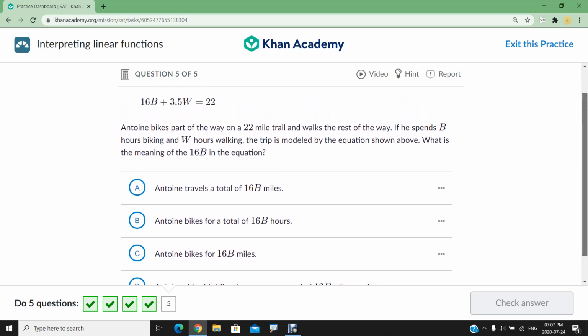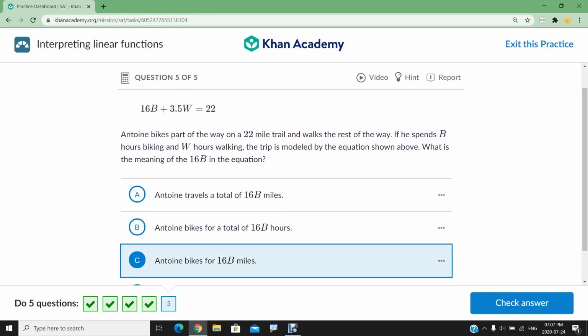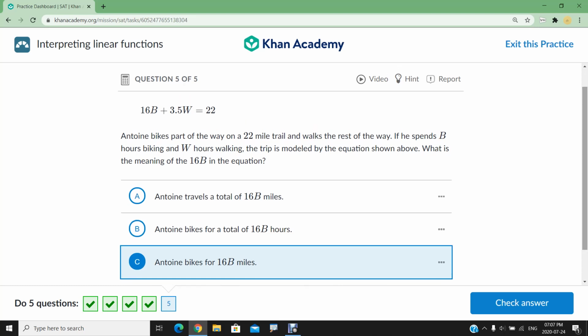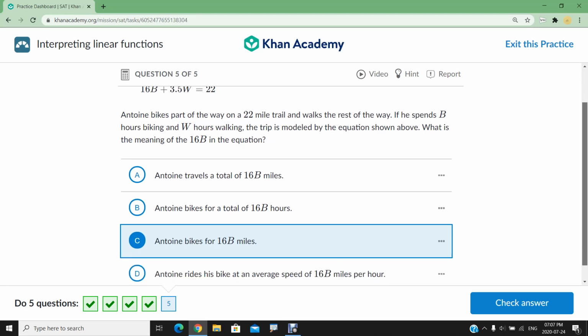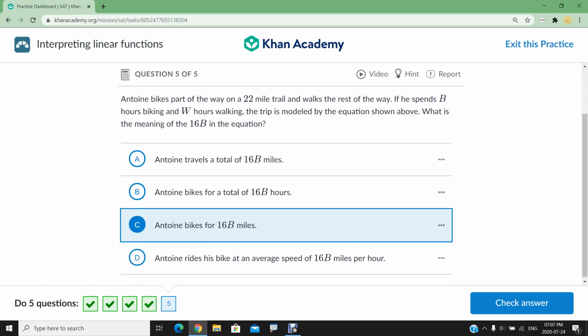So you can say that it's this one for sure, because we cannot say he biked for 16 hours. He biked at 16 miles per hour, we can say that, but when you multiply that together, it's 16b miles.